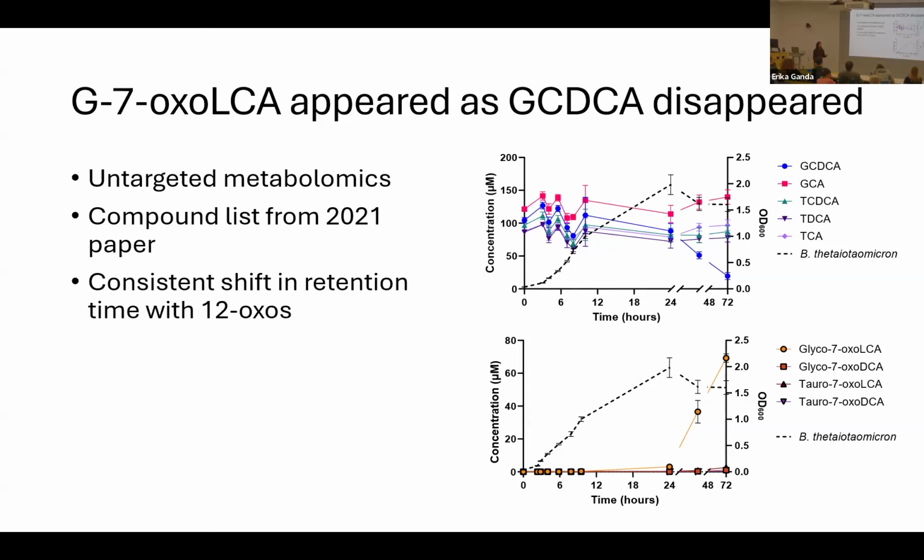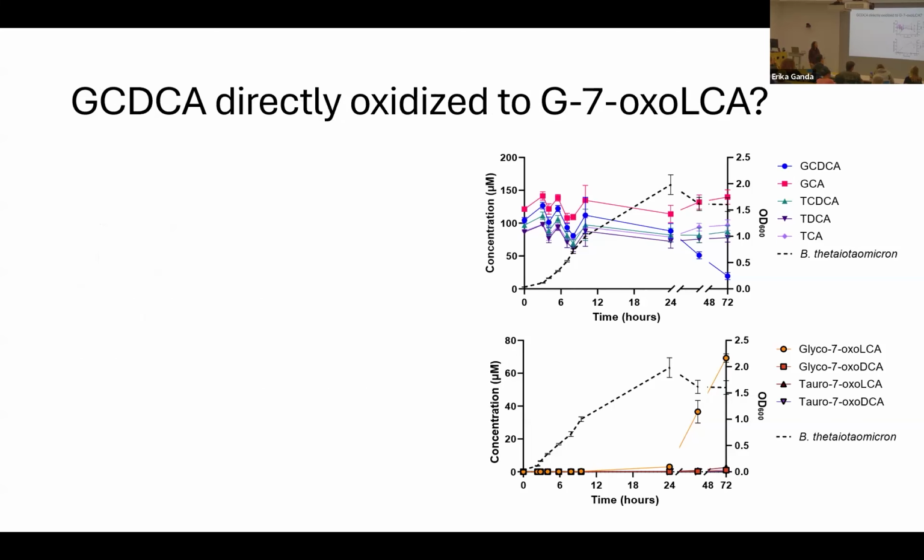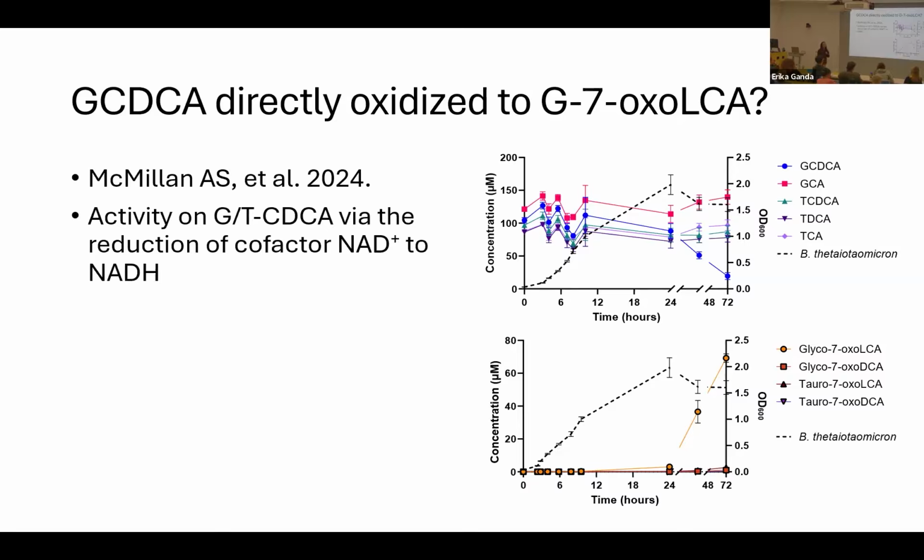Another piece of evidence to support our hypothesis that this was G7-oxo-LCA was not only the fact that B theta has a very robust HSD, but also that Casey Tirio's group published a paper about B theta actually last year, and they had cloned the 7-alpha HSD into E. coli and showed through a proxy analysis that it seemed to still have activity on GCDCA just like it did on CDCA.